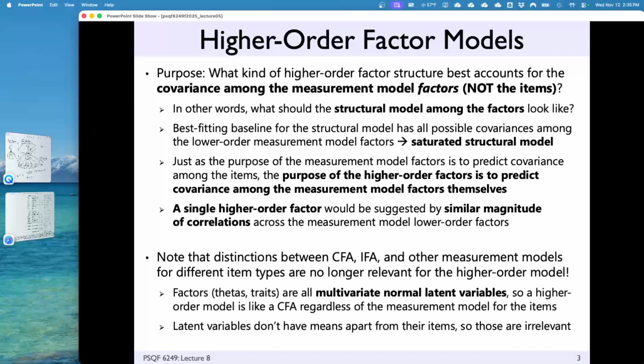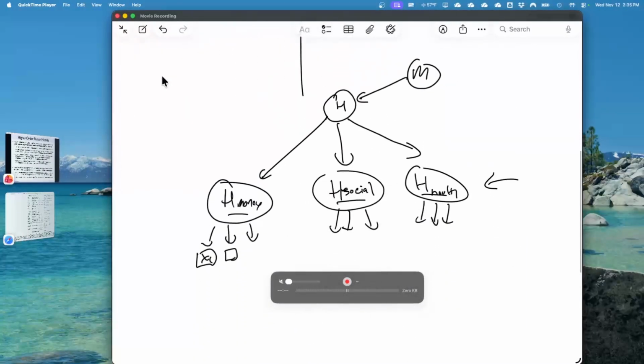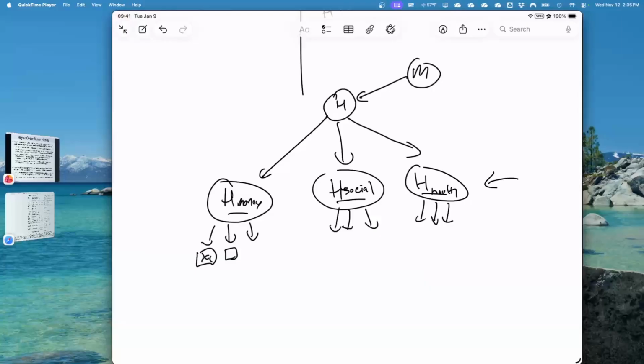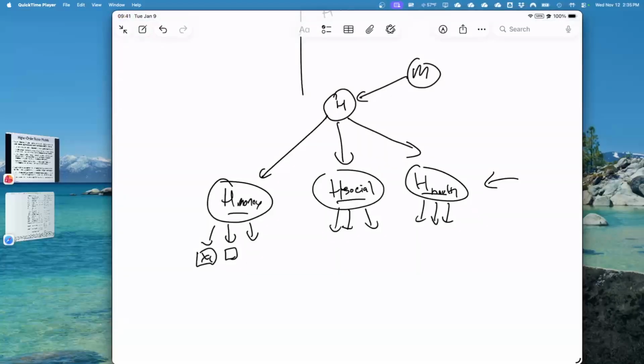You've defined a variable to be continuous, and that factor model on factors, these factors are all continuous. So this, by definition, is not only the right model, it's the only model you can use, because you can't use an IRT model with continuous indicators or variables.